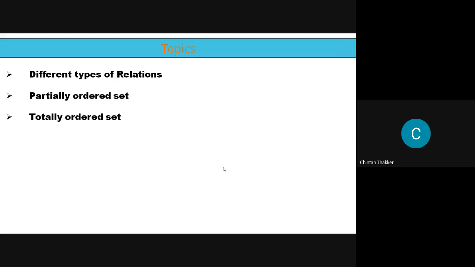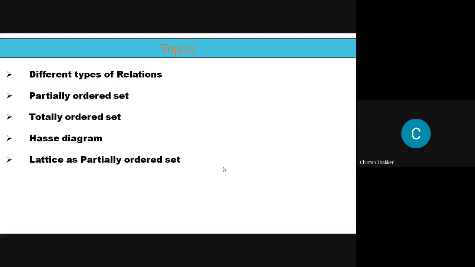In a poset, if we add one more property, then it becomes the totally ordered set. That is a poset. It is also called a chain. Then we have Hasse diagram. Hasse diagram is used to represent the poset in a geometrical form.